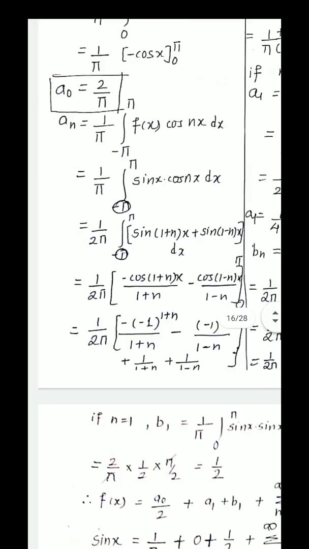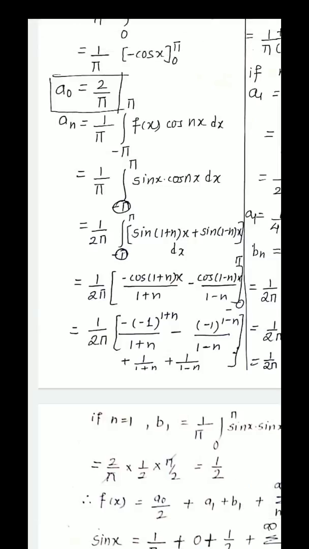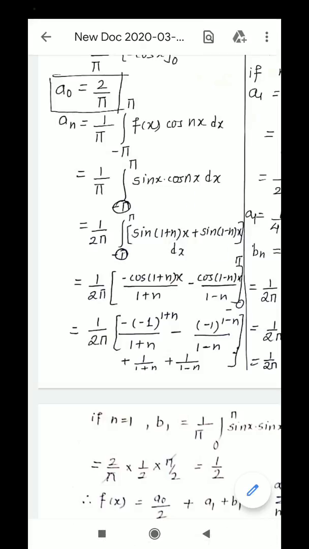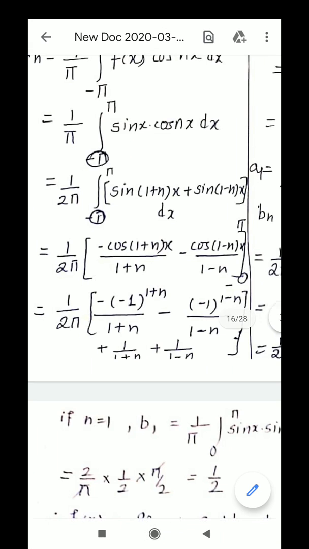So the factor is 1 by pi and 1 by 2, that is 1 upon 2 pi, into sin of x plus nx, taking x common, sin of 1 plus n into x, plus sin of x minus nx, taking x common, sin of 1 minus n into x. Using the sin a cos b formula, we get this term.